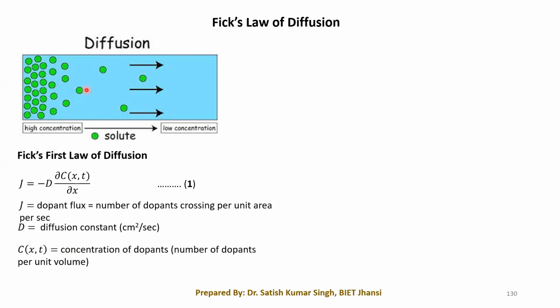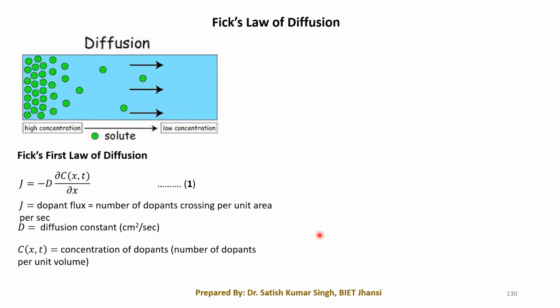So now this is our first law of diffusion, given by Fick, in which the dopant flux is given by this. The negative sign means that the flux is flowing towards the low concentration direction.